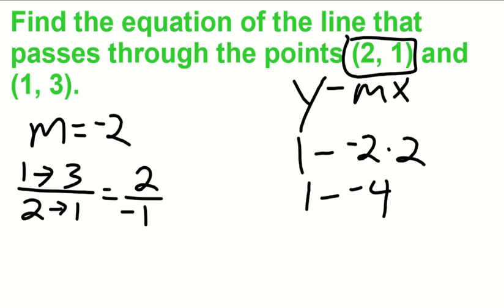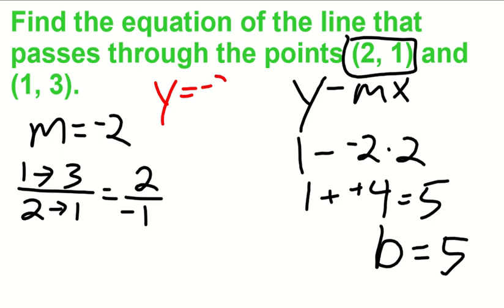First number stays the same. We change to addition. We change the sign on the second number. What's 1 plus 4? 5. Our y-intercept, b equals 5. So when we write our equation, we get y equals -2x plus 5.